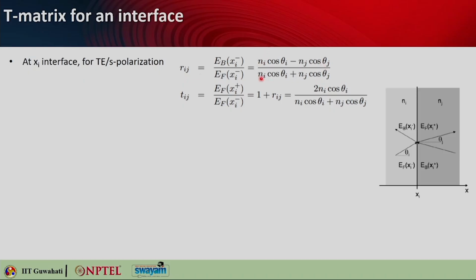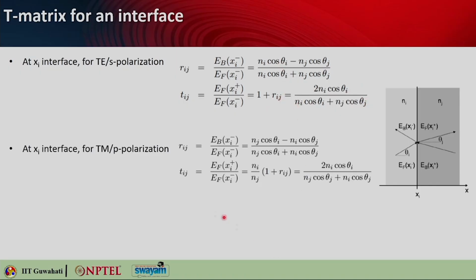So you can plug in those values here, which is Ni cos theta i minus Nj cos theta j over Ni cos theta i plus Nj cos theta j. Similarly, you can also write what Tij is. Tij will be Ef Xi plus, that is the transmitted electric field, over the incident electric field. The incident electric field is this one. So you can also see that this is nothing but 1 plus Rij, and that takes this particular term when you put in this value of Rij.